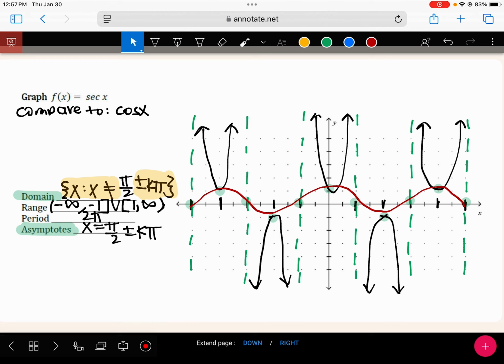This is k, yeah. Both of these, the k just represents some multiple of it. So you could have 7 pi, and then you'd add or subtract it to pi halves.